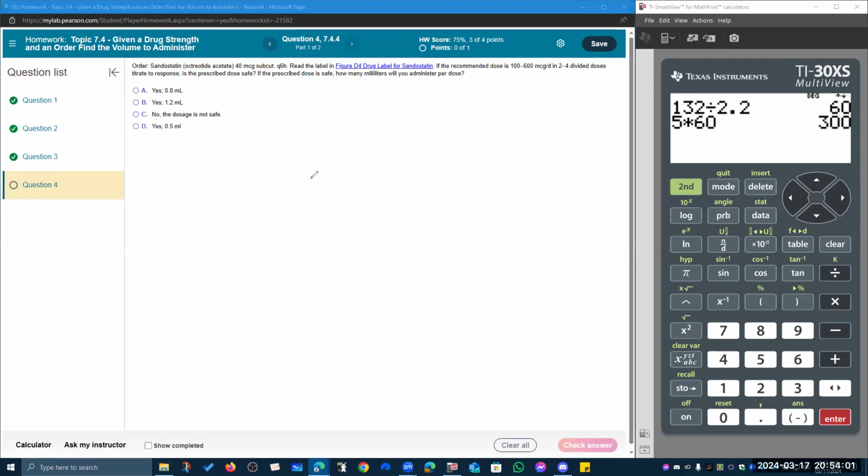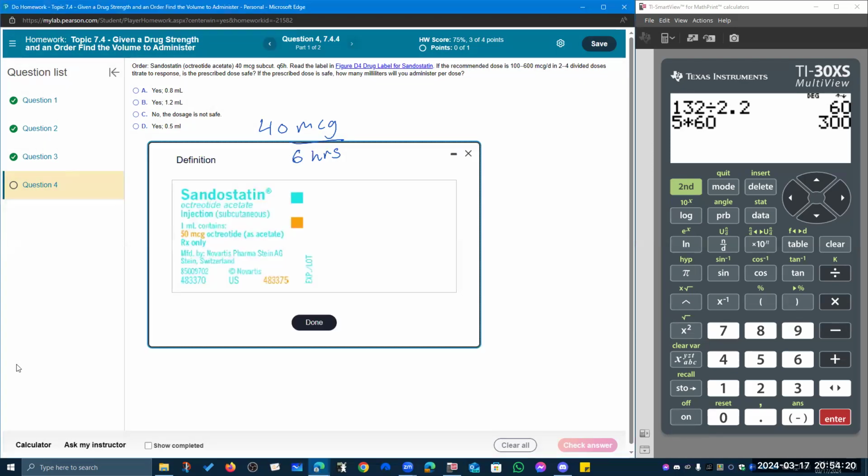Then we are going to have an order for 40 micrograms subcutaneous every 6 hours. Let's read the label here and see that the concentration here is 1 milliliter contains 50 micrograms of medicine.